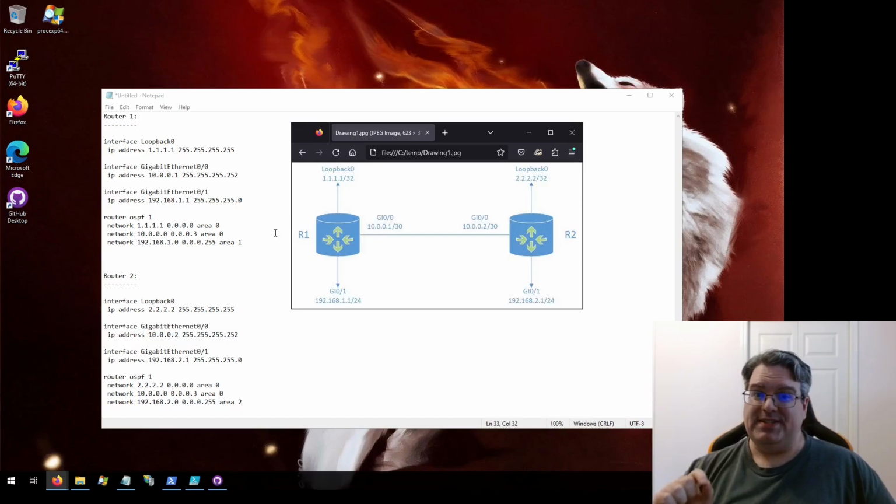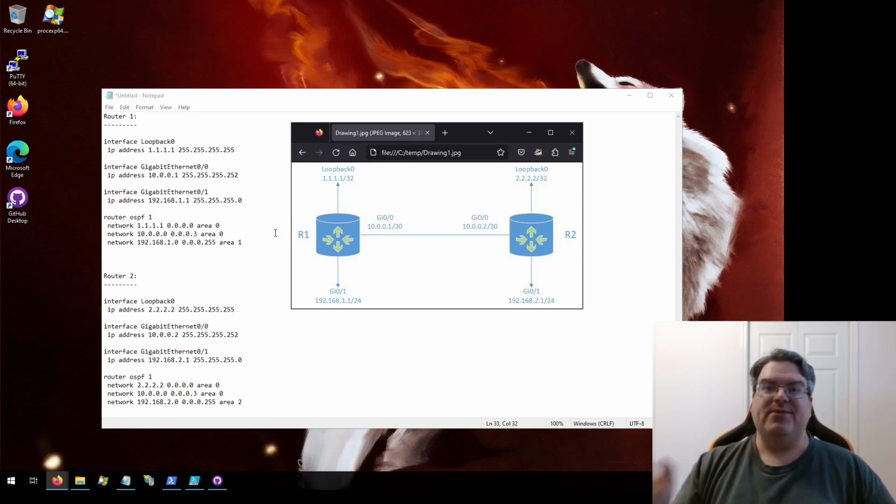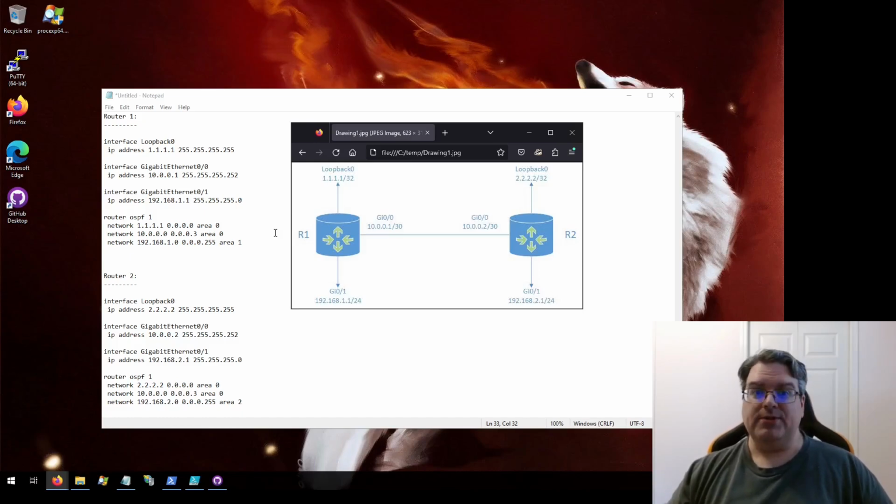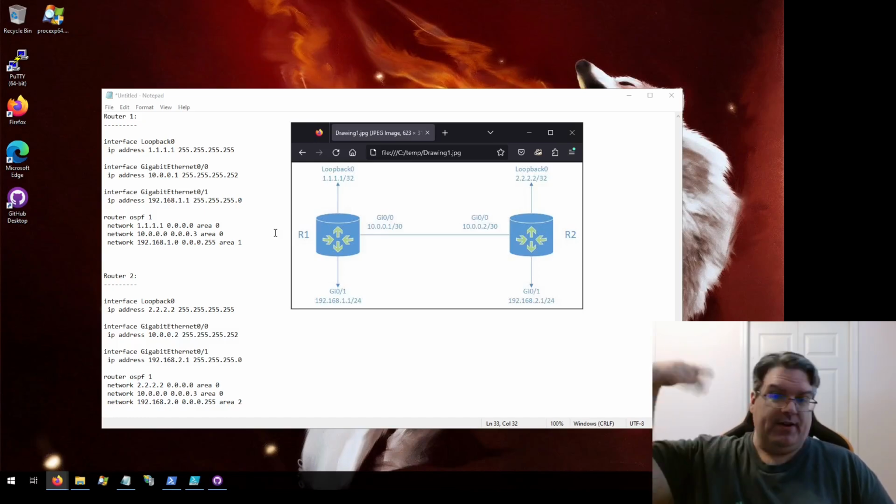OSPF does not use TCP or UDP or any of those other higher level network protocols. OSPF is its own protocol. It means there are no port numbers, because port numbers are a feature of TCP and UDP. OSPF is a separate IP protocol. It just runs in IP at layer 3 only. Doesn't worry about any of the higher layers.